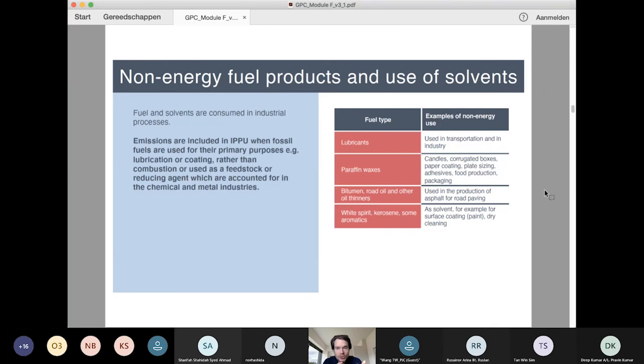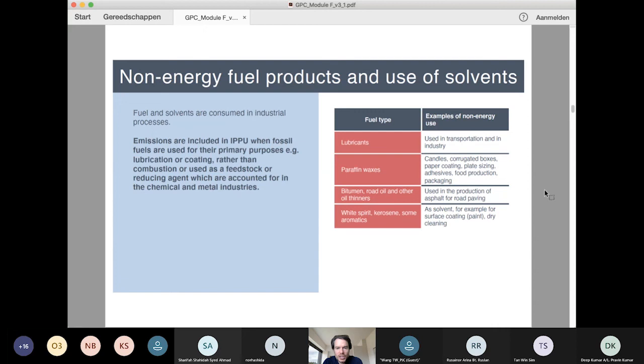Paraffin waxes are used in candles, paper coating, adhesives, food production, and packaging. Again, that's a non-energy use of fossil fuels, essentially of fossil-derived products. Then bitumen, road oil, and other oil thinners. For example, bitumen is used in paving roads. Again, that releases greenhouse gas emissions.